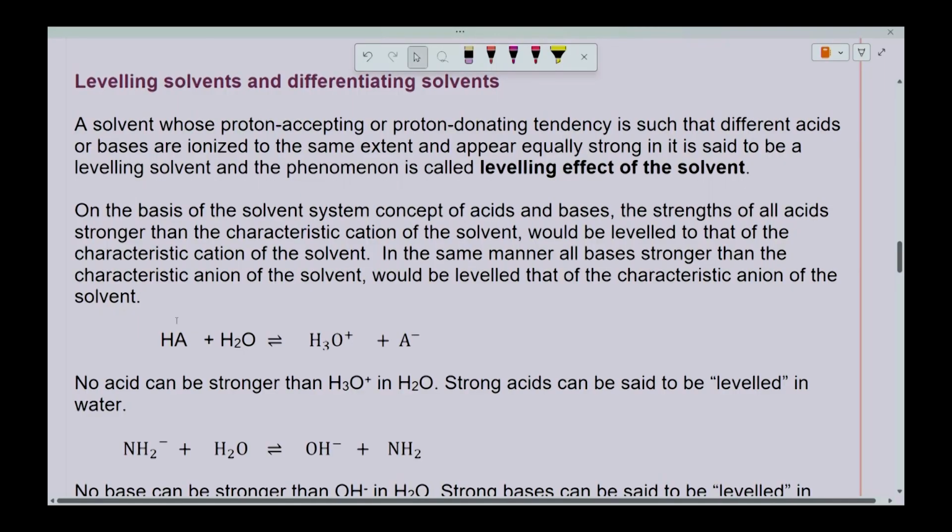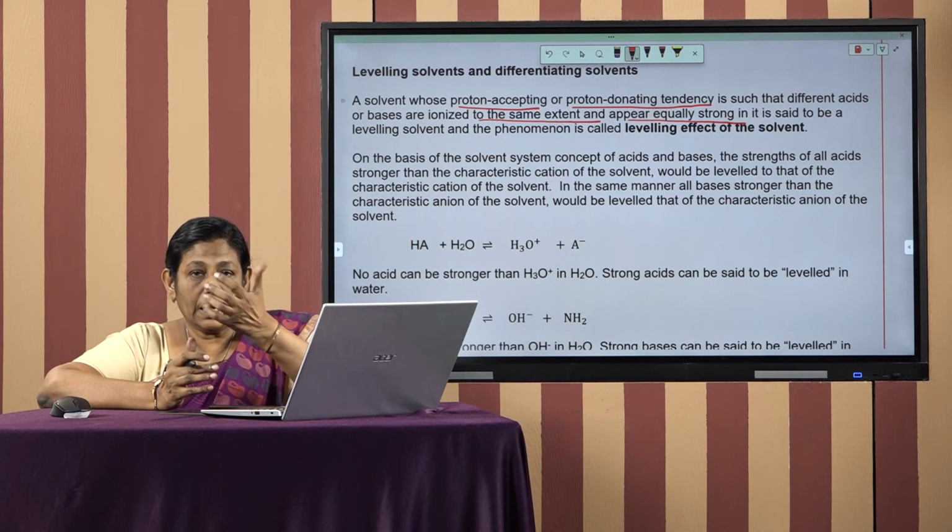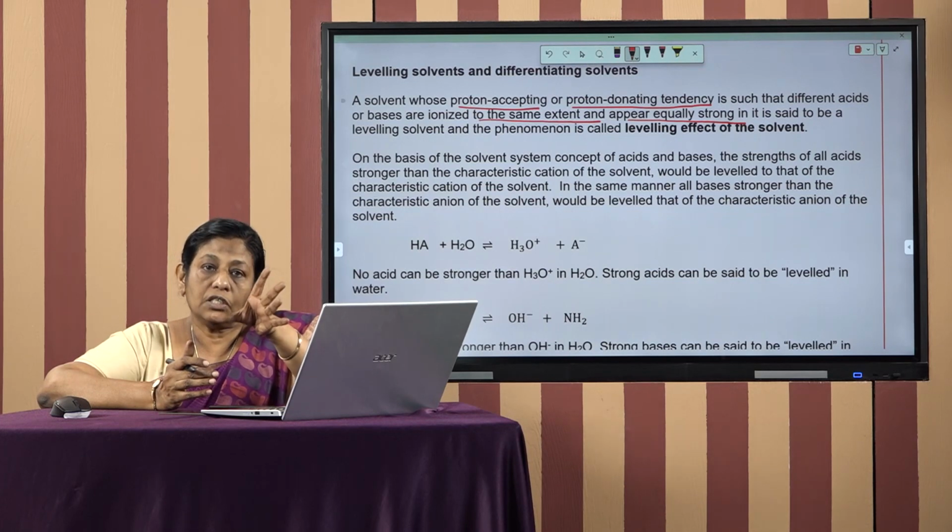Now, there are solvents whose proton accepting or proton donating tendencies make the ionization of acids and bases occur to the same extent, and therefore they appear to be equally strong. So, certain solvents, with either proton accepting or donating tendency, allow you to add different acids and different bases.